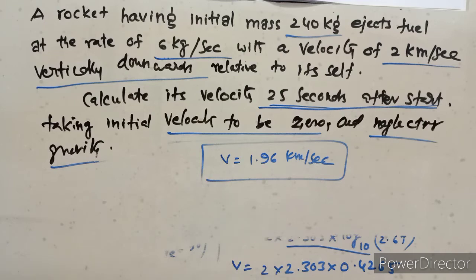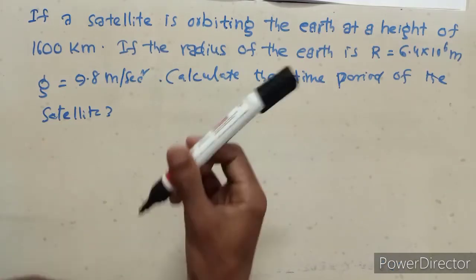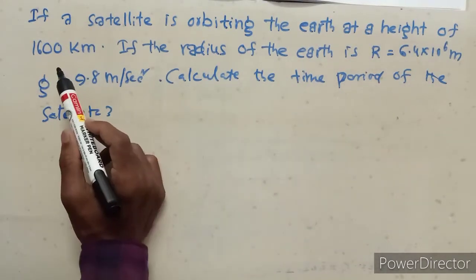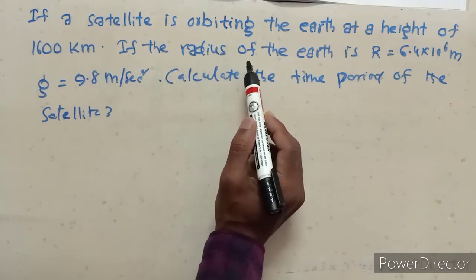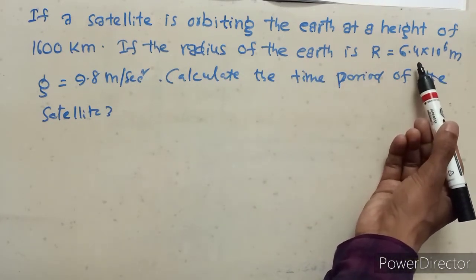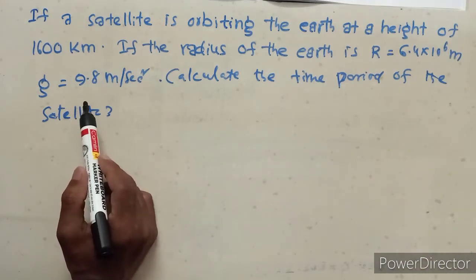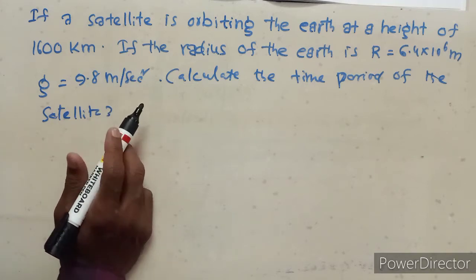V equals 1.96 kilometer per second. Our next problem: a satellite is orbiting the earth at a height of 1600 kilometers, the radius of the earth is 6.4 into 10 to the power of 6 meters, and the acceleration due to gravity is 9.8 meter per second square, which we already know.